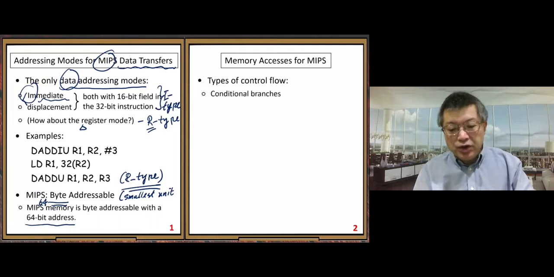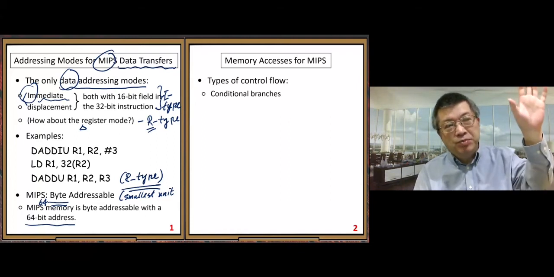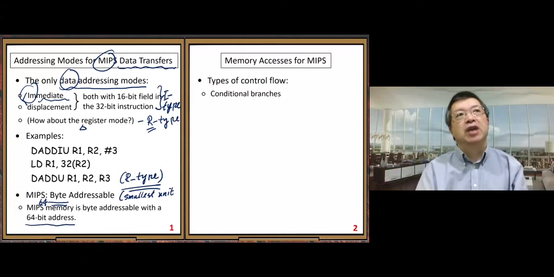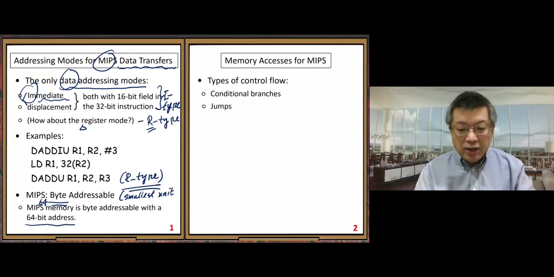First, conditional branches, the if statement. Think about while loops, for loops, all those types of instructions. Later we will see more details. Another type is jump.